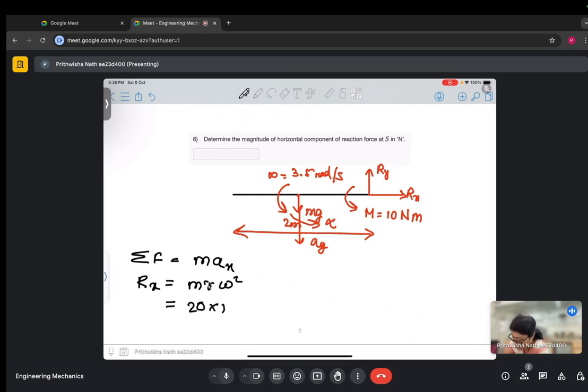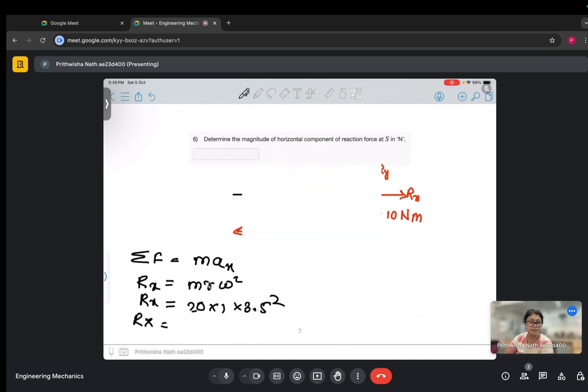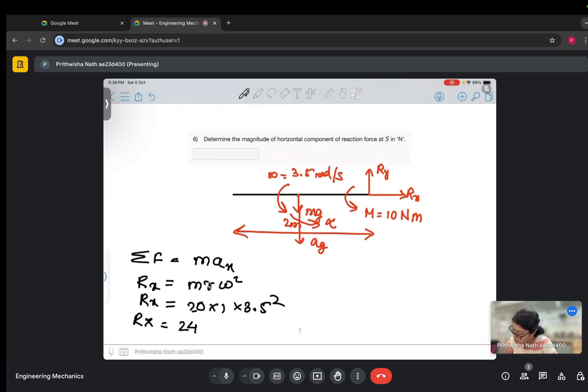Into 1 into 3.5 square. So Rx will be 245 Newton. So this is the horizontal reaction force which is acting at S.